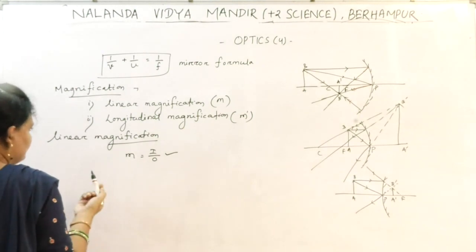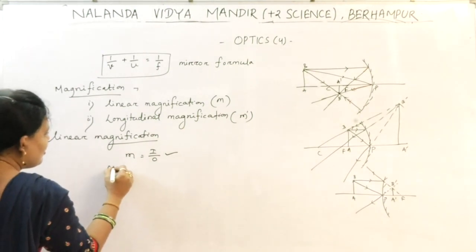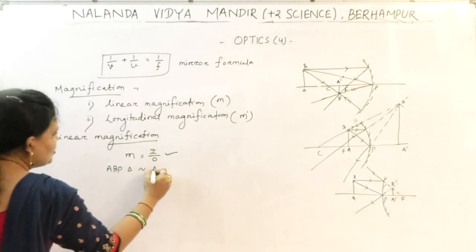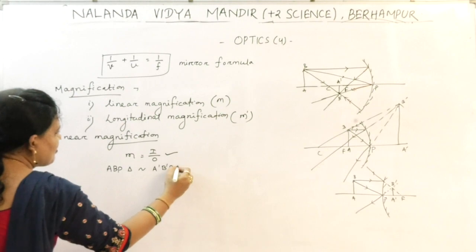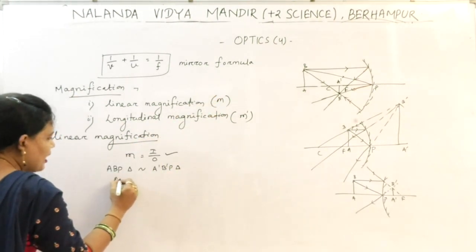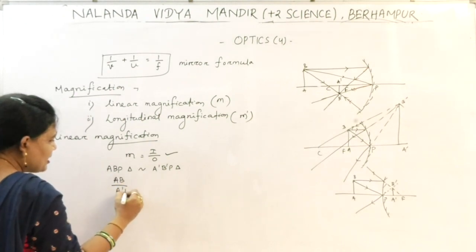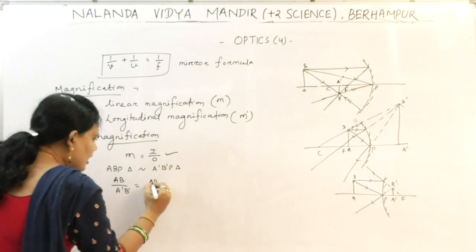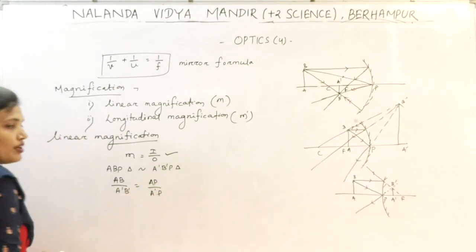ABP triangle is similar to A dash B dash P triangle. So the corresponding side AB by A dash B dash is equal to AP by A dash P. All of you clear?